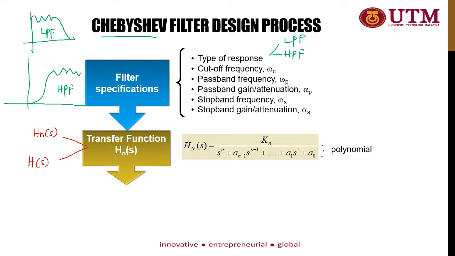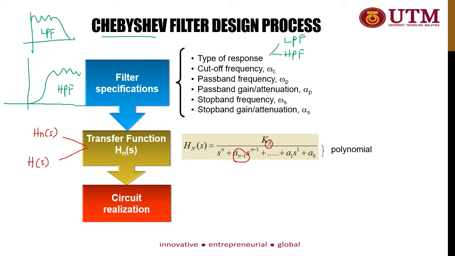This is an example of a normalized transfer function, and it depends on the filter order number n. At the bottom you have the a values. The a values are called coefficients, and the denominator is called a polynomial.